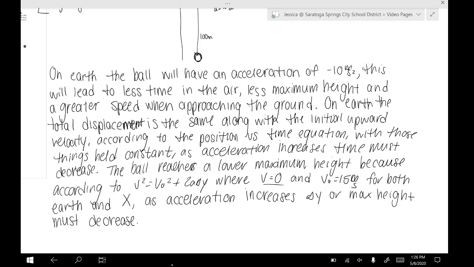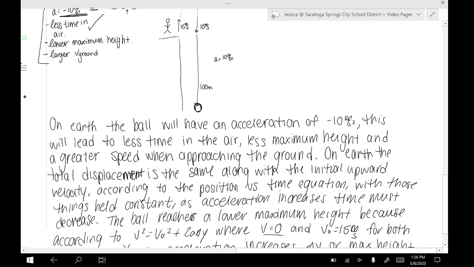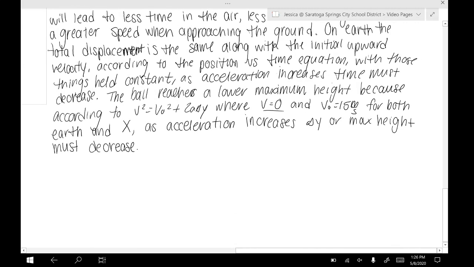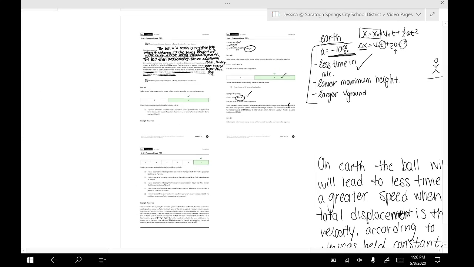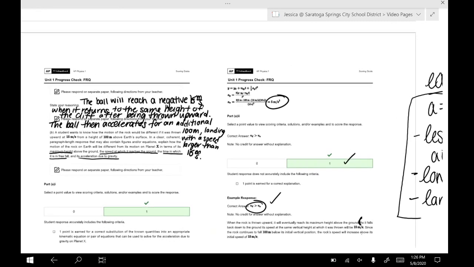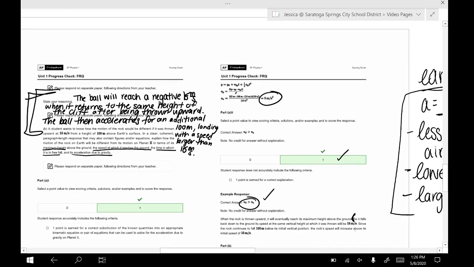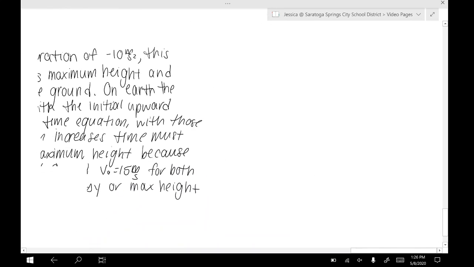Okay, so now for the larger v at the ground. I can reference things that I've already said.